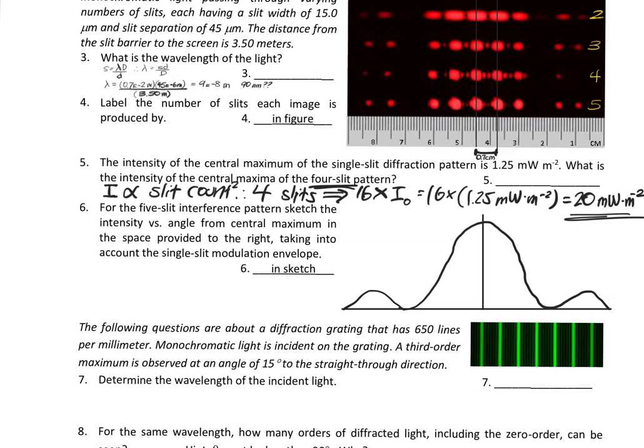Now let's see, we have central maximum, 2 to the sides, 1, 2, and then 3 beyond that. So that gives us 5 central spots. And then over here we have 2 maxima, and over here we also have 2 maxima.